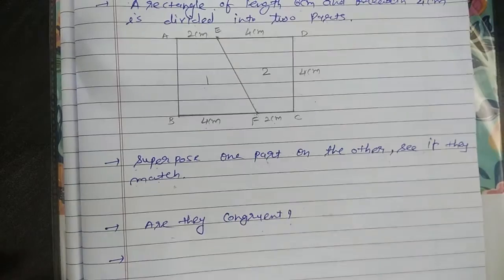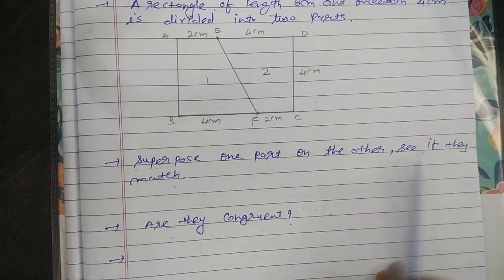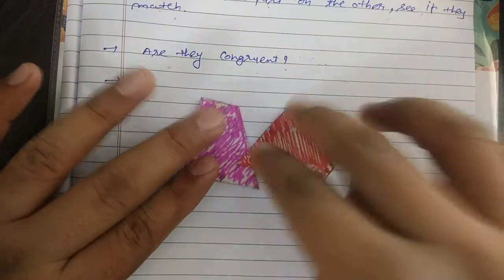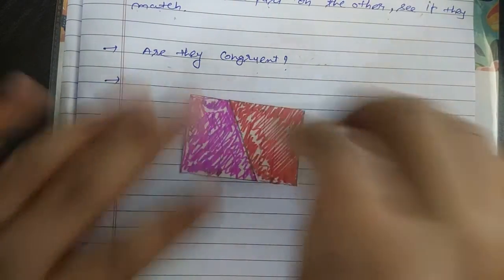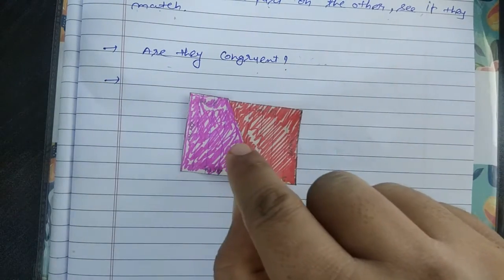Now what we have to do here, it is given that superpose one part on the other, see if they match. We have already cut these two parts. Now we can see that it is a rectangle.